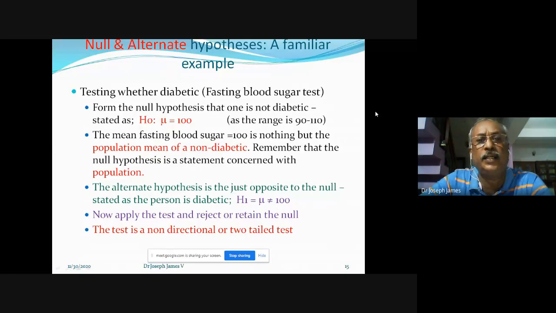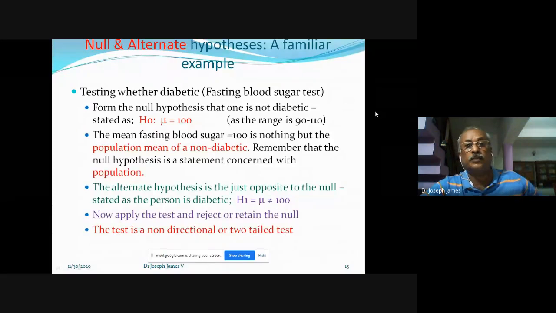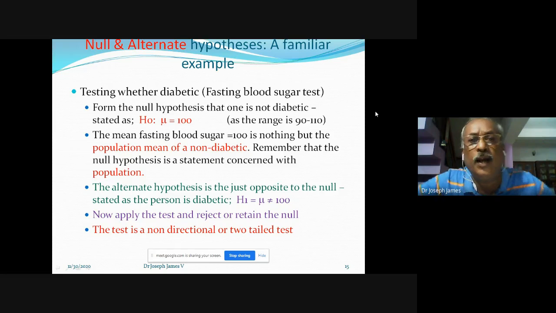So mu is the mean sugar content in a normal person, considering all the normal persons. That is, considering all the people as normal with respect to diabetes, on an average the sugar content should be 100 milligram per deciliter.